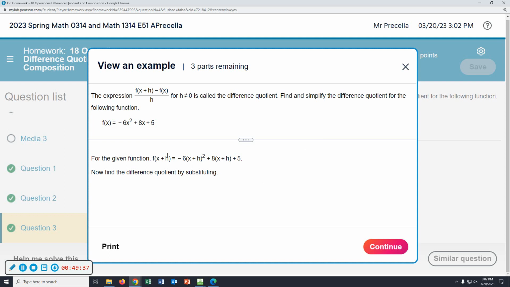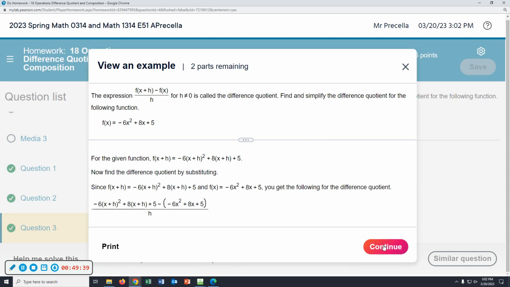They find f of x plus h, and then they're distributing a minus. Well, we don't have to use the view an example.